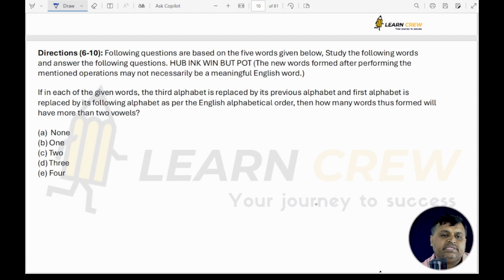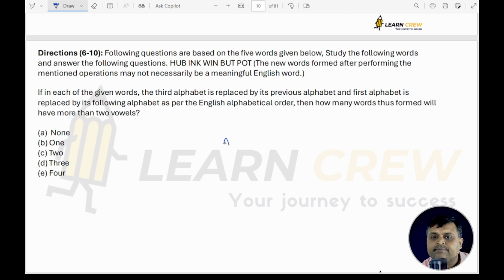Next, if in each of the given words, the third alphabet is replaced by its previous alphabet, and the first alphabet is replaced by its following alphabet, as per the English alphabetical order, then in how many words thus formed have more than 2 vowels? Third letter is replaced by previous alphabet.